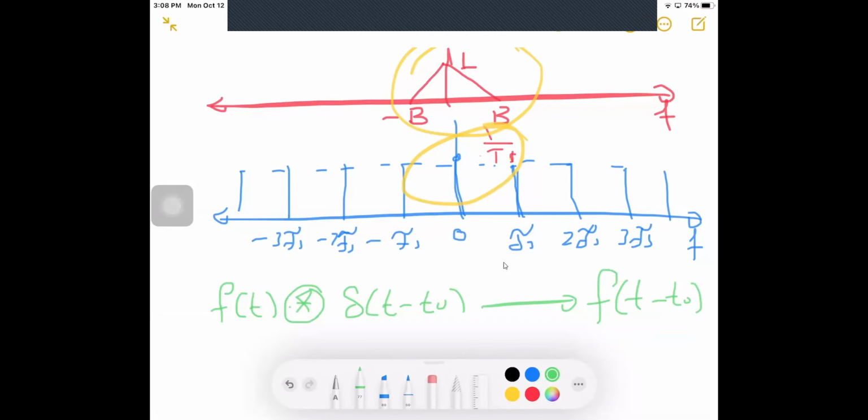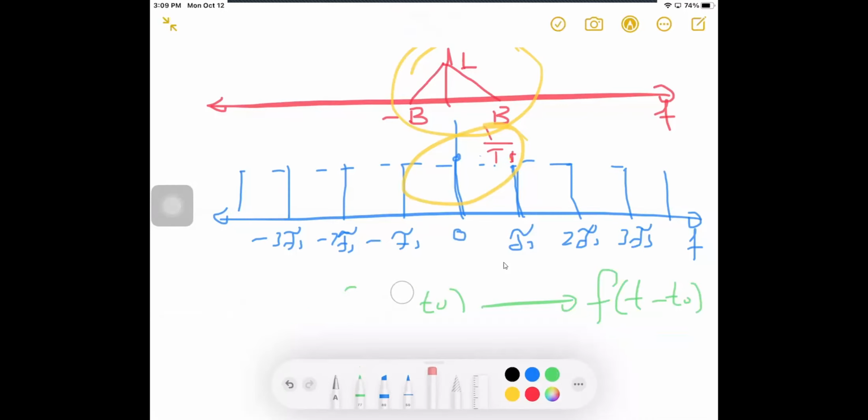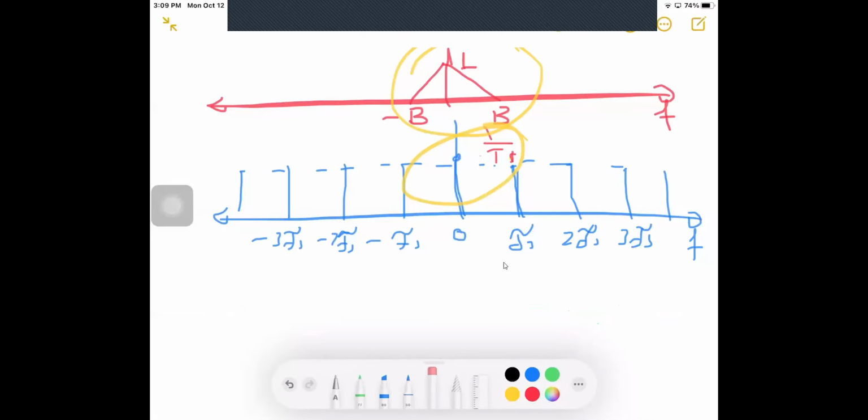But if the delta of t is shifted in time, the function will be shifted by the same amount, t naught. So this is the convolution property which we are going to use to find y of f, the spectrum for the sampled function.